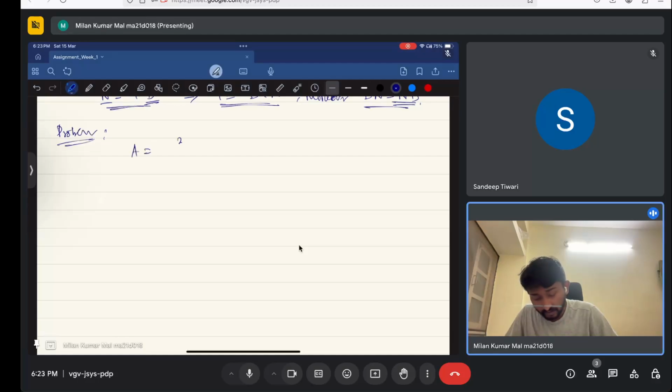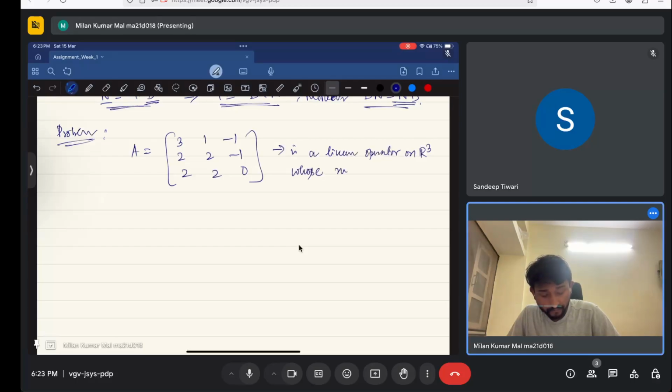Let A equal the matrix with rows (3, 1, -1), (2, 2, -1), (2, 2, 0). This is a linear operator on R3 whose matrix representation is this matrix A with respect to the standard ordered basis.